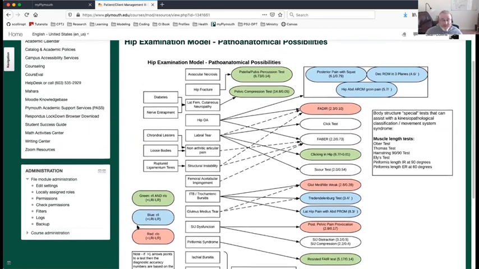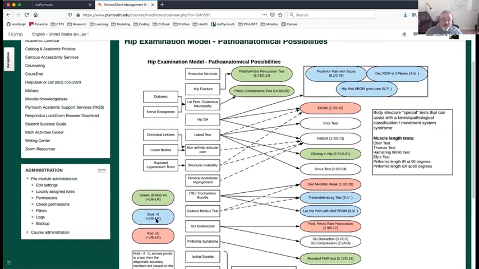If they're blue, then they're good for ruling in, but not so good at ruling out. So 6.1 is pretty good for ruling in, but 0.79 is really bad for ruling out. So a moderate positive likelihood ratio, and we don't know the negative likelihood ratio.